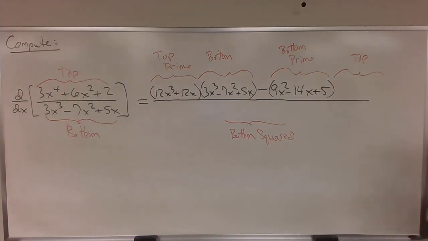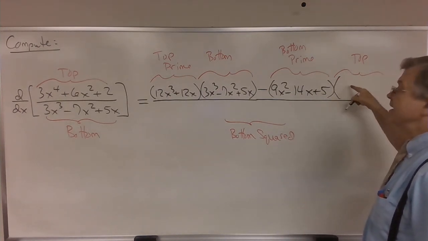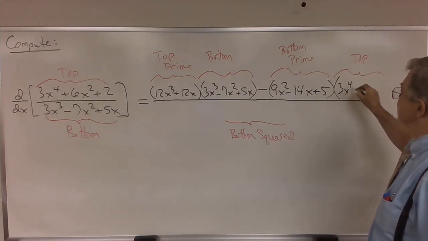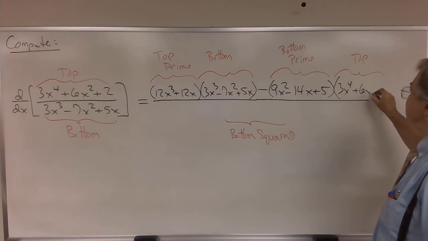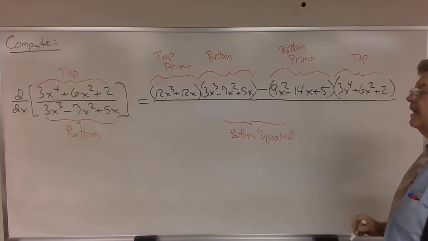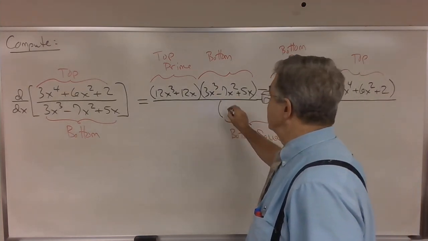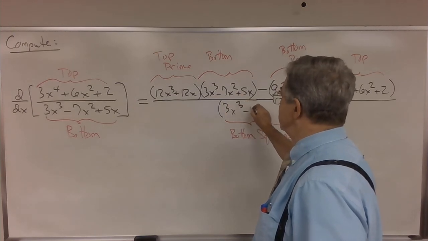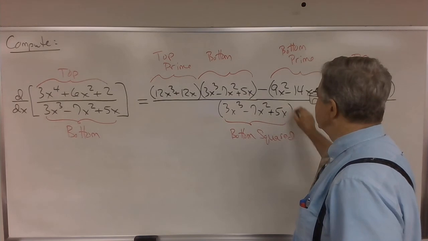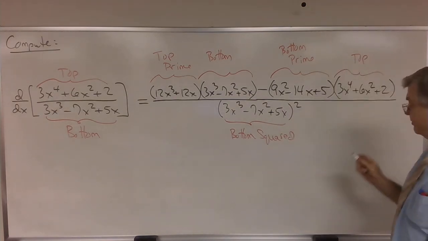See, 9x squared minus 14x plus 5, that looks good. That's the bottom prime. Times the top verbatim, 3x to the 4th plus 6x squared plus 2, all over the bottom squared. 3x cubed minus 7x squared plus 5x. Okay. There's our derivative.